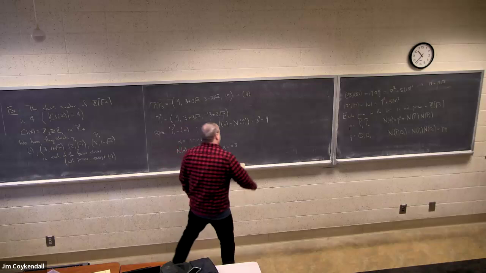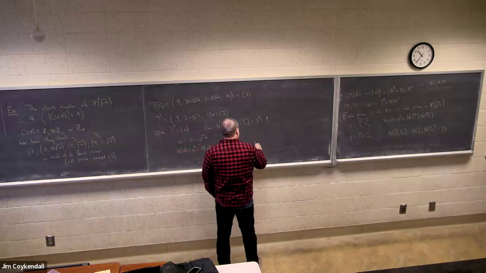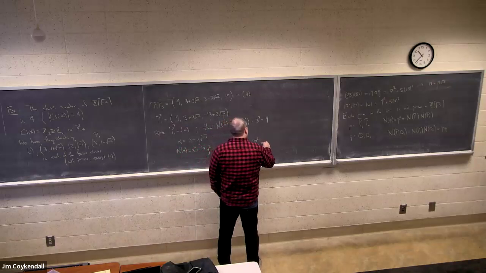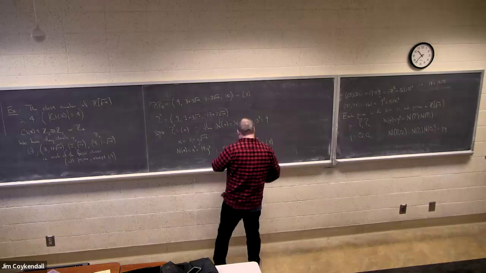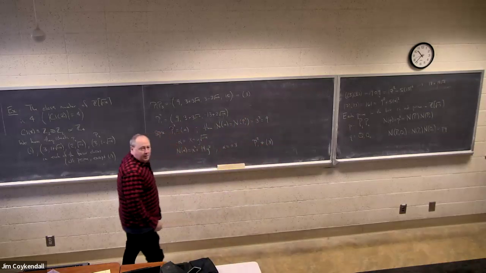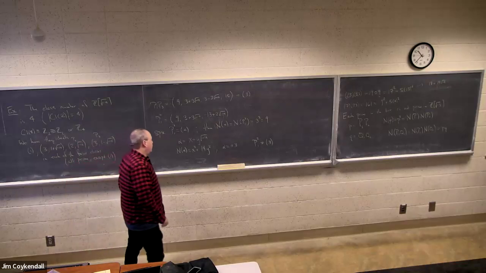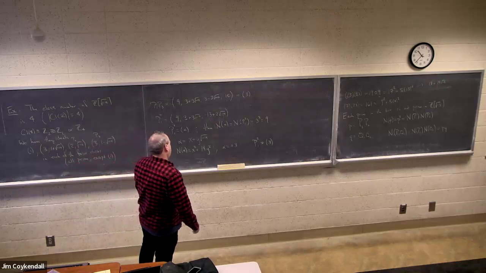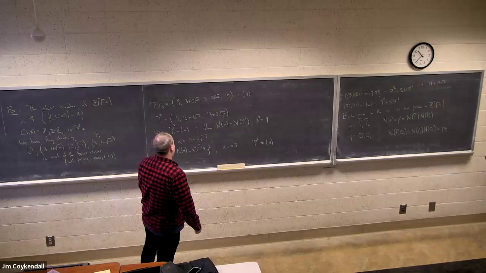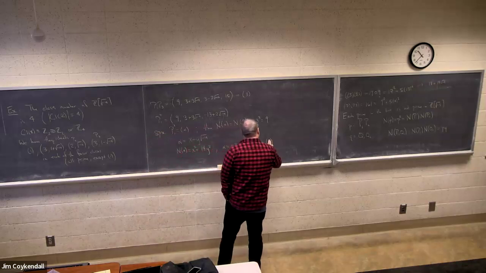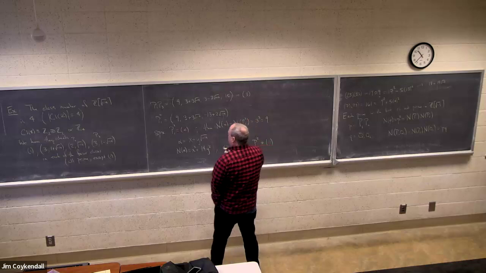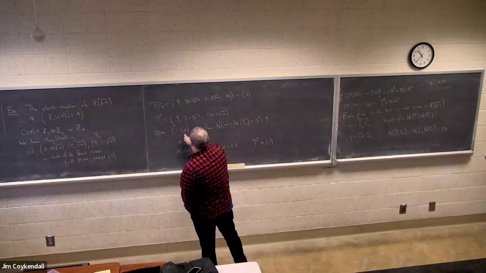Notice that P1 squared is not the ideal generated by 3. I'm sorry, it's not the ideal generated by 9. Let's see, P1 squared is alpha.